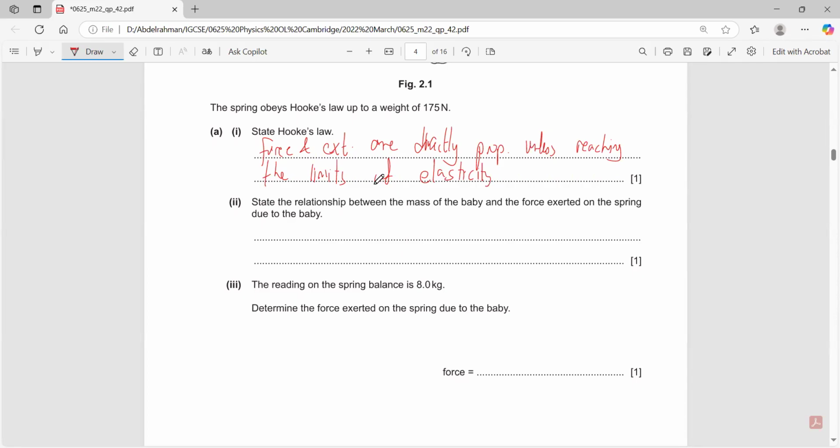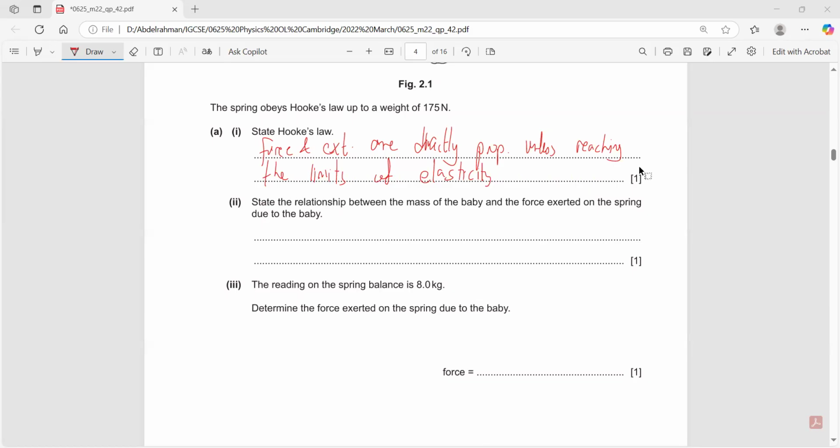State the relationship between the mass of the baby and the force exerted on the spring due to the baby. What is the relationship between the mass and the force? How can you relate them? What is the force of the baby? The force of the baby is the weight, right?